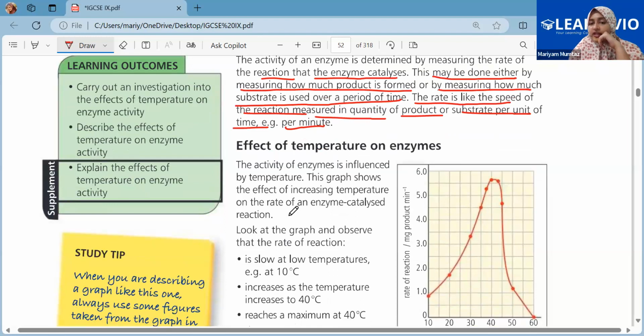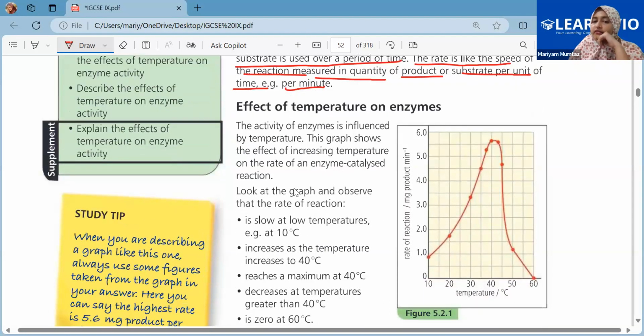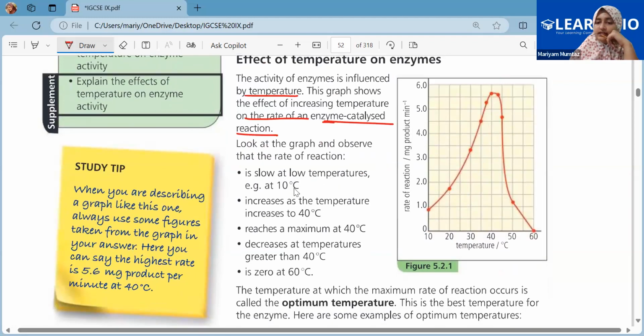Now, effect of temperature on enzyme. The activity of enzyme is influenced by temperature. This graph shows the effect of increasing temperature on the rate of an enzyme catalyzed reaction. It shows that with the increase in temperature from 10 degrees Celsius to 60 degrees Celsius, what happens to the rate of the reaction or how much product is being formed.